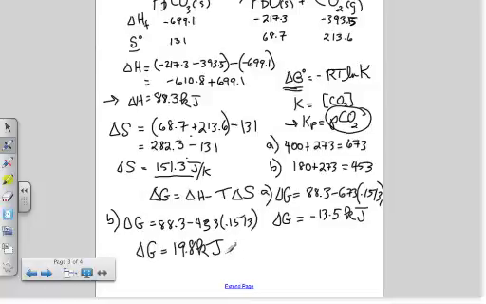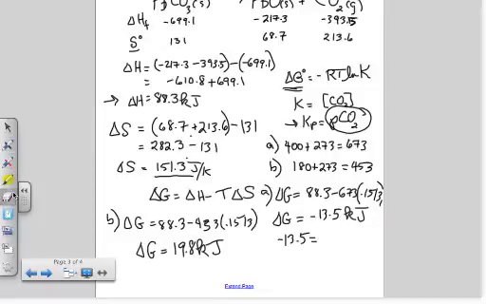Okay, so back to what we were after. We are after the equilibrium pressure at the two temperatures. So now we're going to take the delta G that we calculated at each temperature, and we're going to calculate our K. All right, so let's start with A. Let me back up.